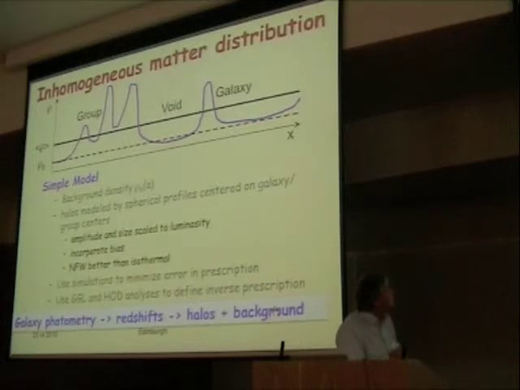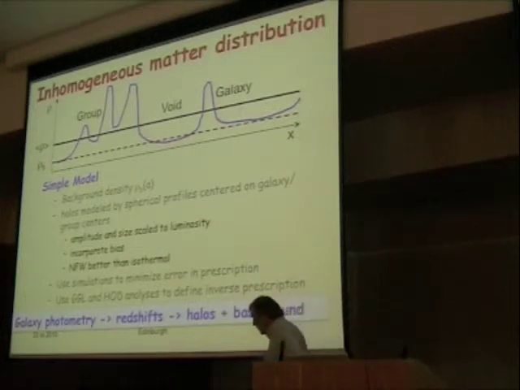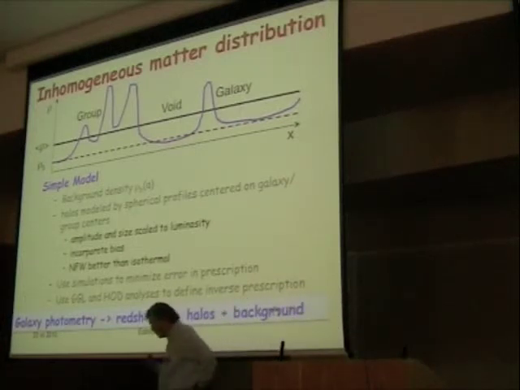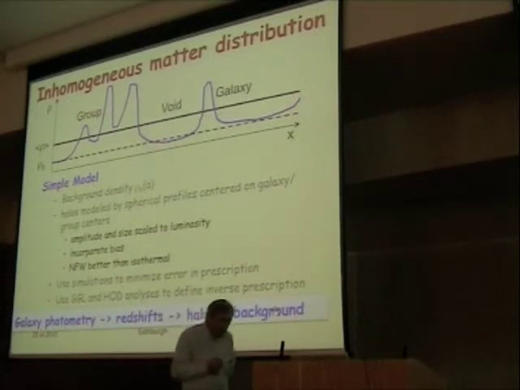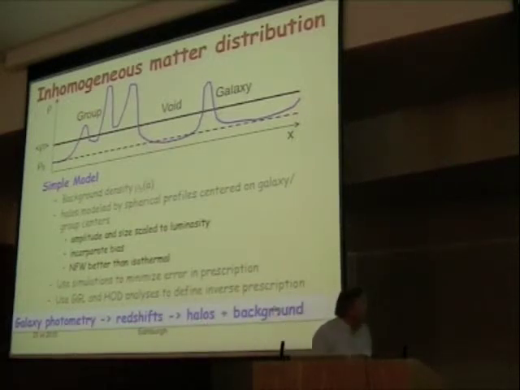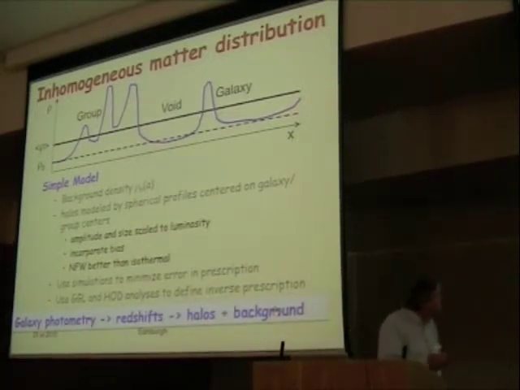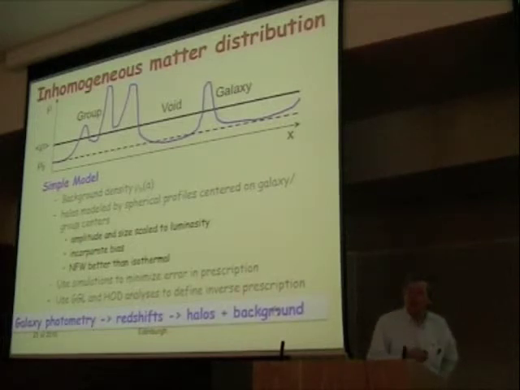And I'm going to postulate that the individual galaxies, as observed, can be modeled by a set of rules that associates halos with them. They might be NFW halos, they might have a more complicated form, and the rules can incorporate bias and effects of clustering.